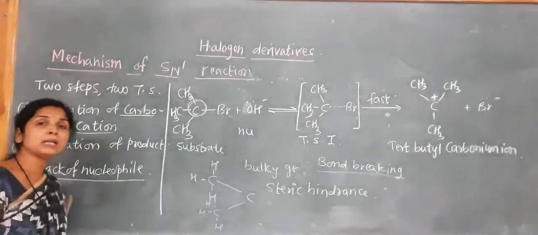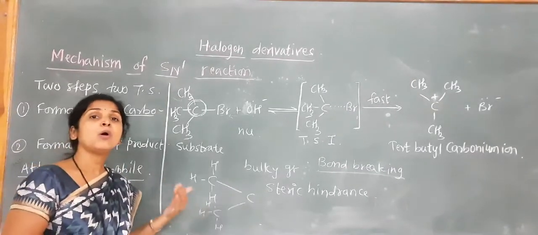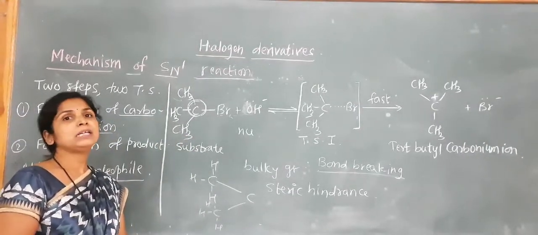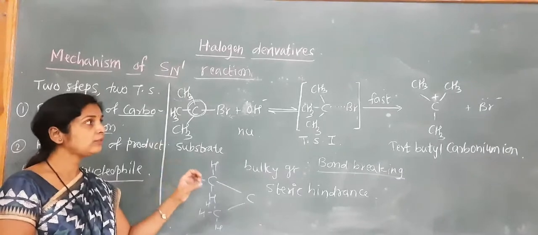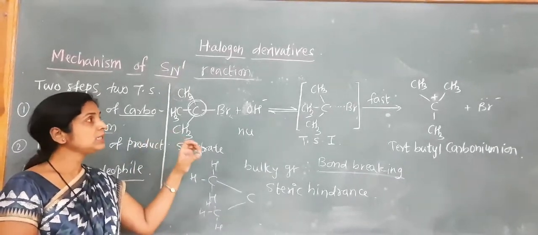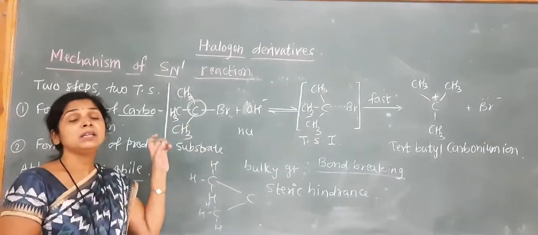So the first step is considered to be the formation of carbocation or carbonium ion. Now this carbonium ion has the carbon atom in the center, which is surrounded by 3 methyl groups at equal distance.